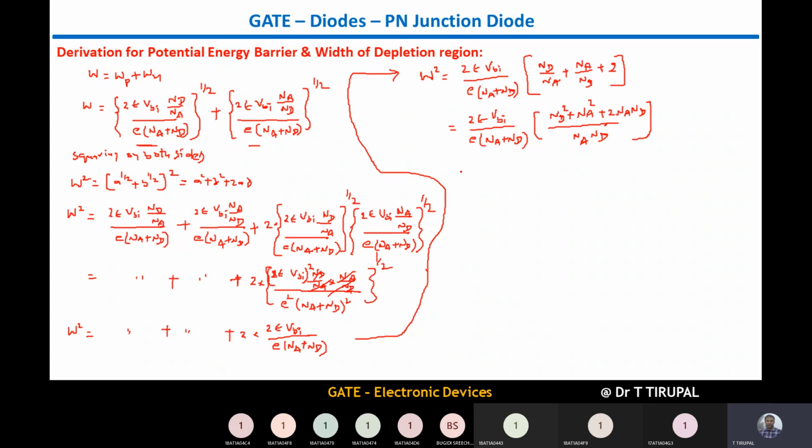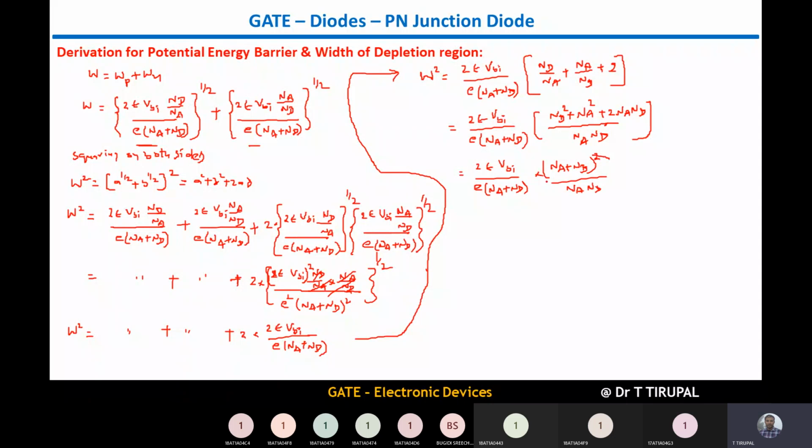That is equal to 2 epsilon VBI divided by E into NA plus ND into, what is this one? ND square plus NA square plus 2 NA ND can be written as NA plus ND whole square, all divided by NA ND.